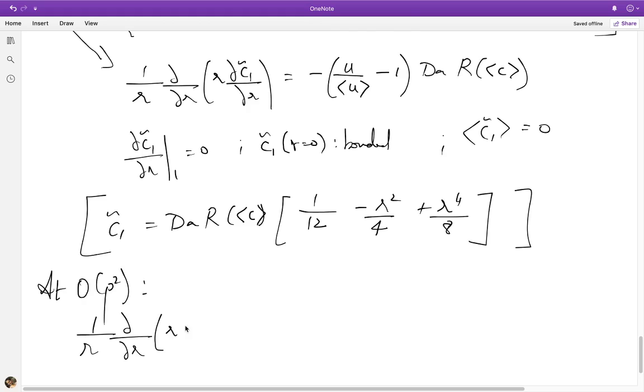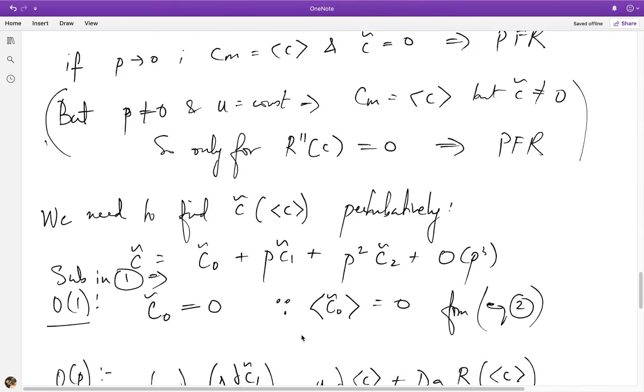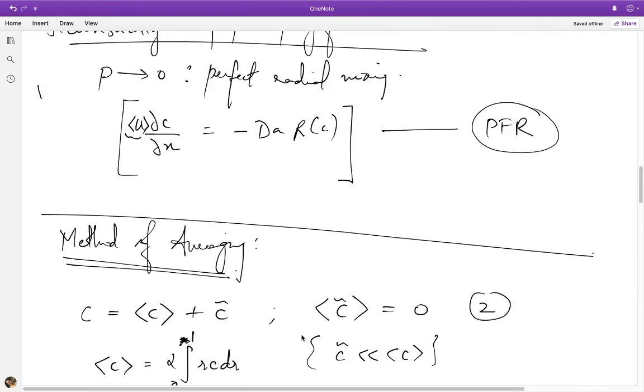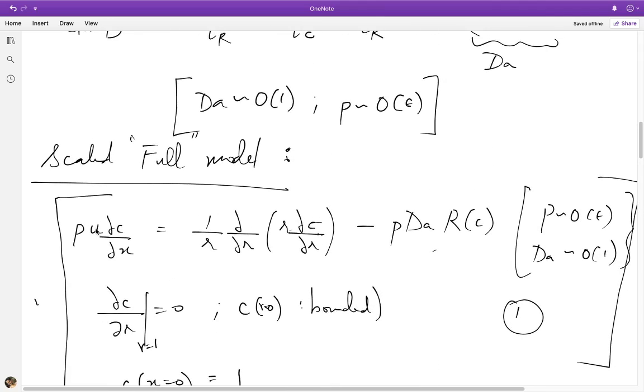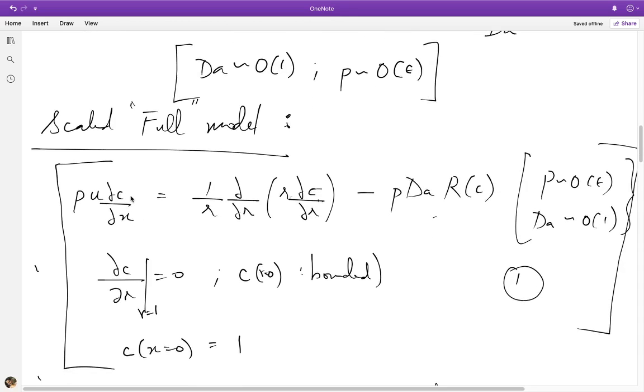The diffusion operator from equation 1 just yields the following for the right hand side. But then the convection term now has to be treated carefully. So again, if we go back up here for the full model, I'll have this u dc by dx. So I have u d by dx of the cross section average c plus c tilde. Now I rewrote that cross section average, so I get two terms, right?